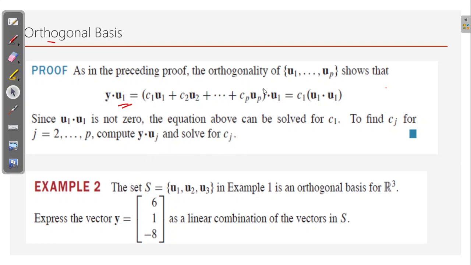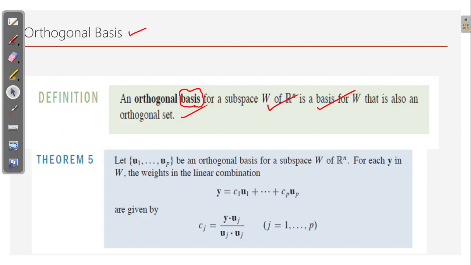So that is our method of calculating the coefficients c1, c2, c3, up to cp. We calculate these coefficients because we have to find the orthogonal basis.